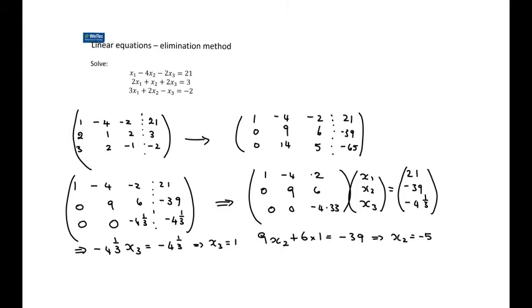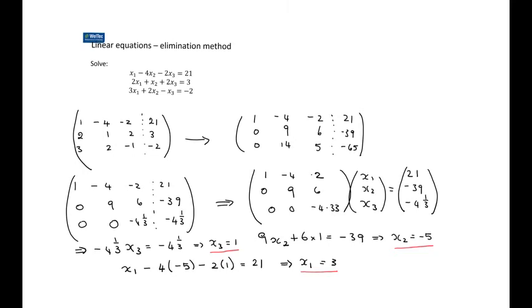So we'd have that x1 minus 4 times -5, because that's x2, minus 2 times 1, because that's x3, equals 21, and that can tell us that x1 is equal to 3. So these are solutions. x1 is equal to 3, x2 equals -5, and x3 equals 1. And it would be a good idea if you checked that.